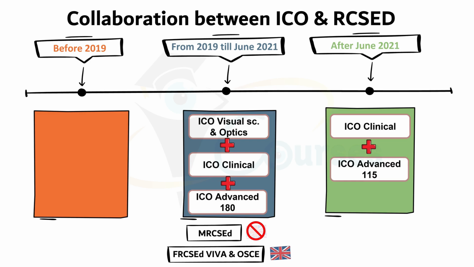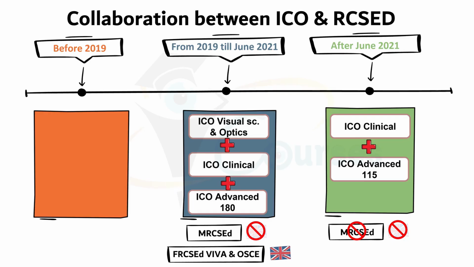If you clear the remaining exams, you will have the title FICO, Fellow of the International Council of Ophthalmology, but you will not be eligible for the Royal College of Surgeons of Edinburgh membership, unfortunately. Again, your journey with the Royal College of Surgeons of Edinburgh is terminated, and you should think of other alternatives.